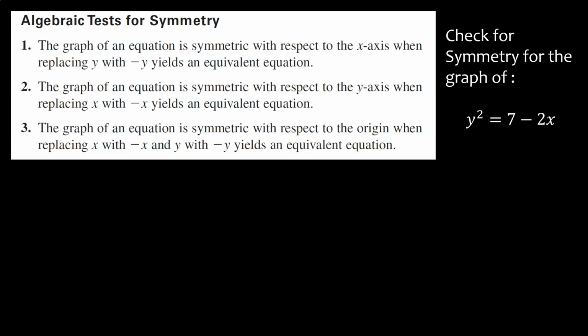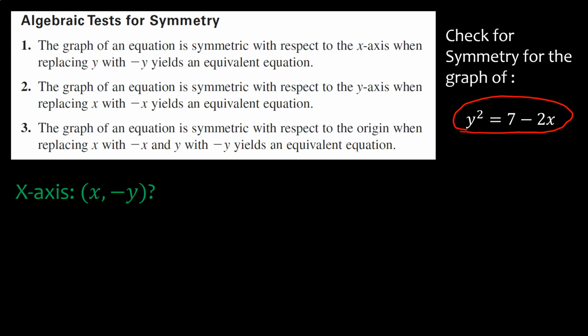How do you test for symmetry when all you are given is an equation? Well, think about the points, right? For symmetry with respect to the x-axis, you're checking: is the point (x, -y) on the graph?